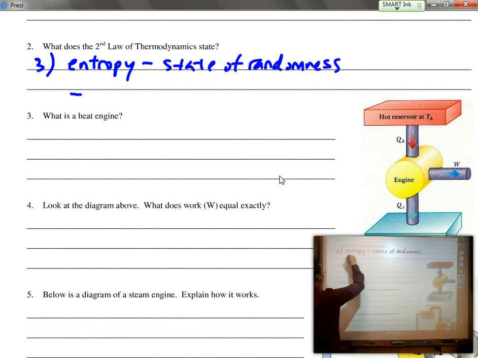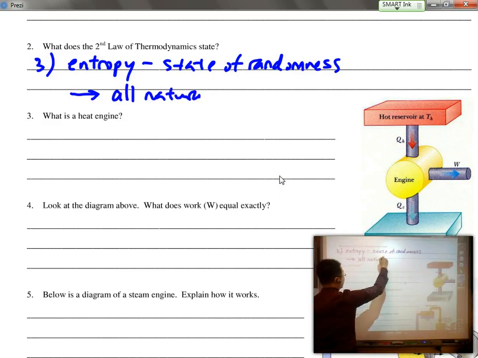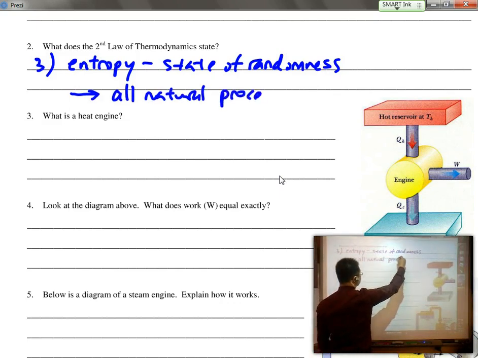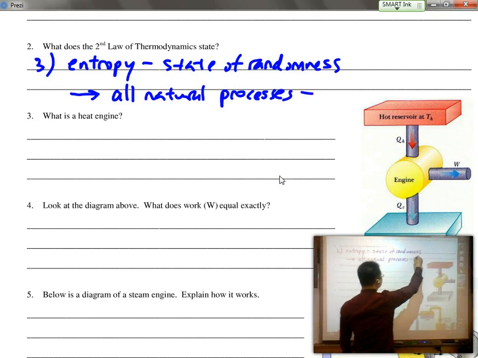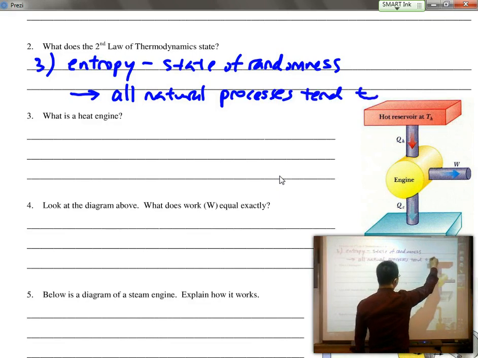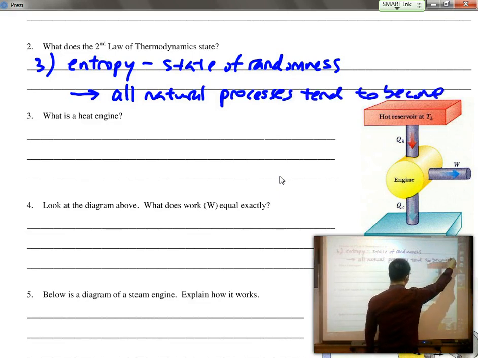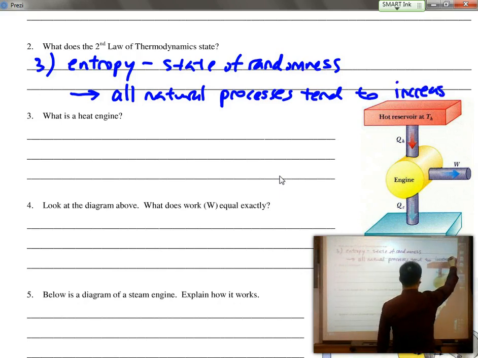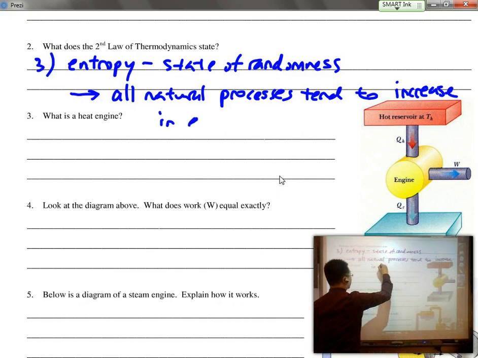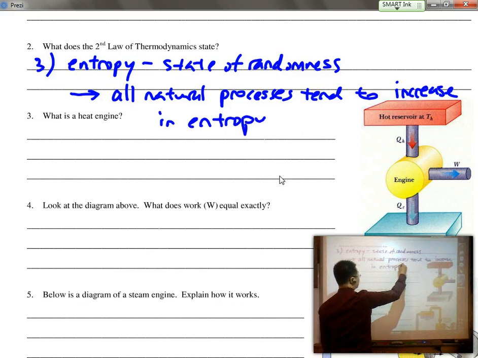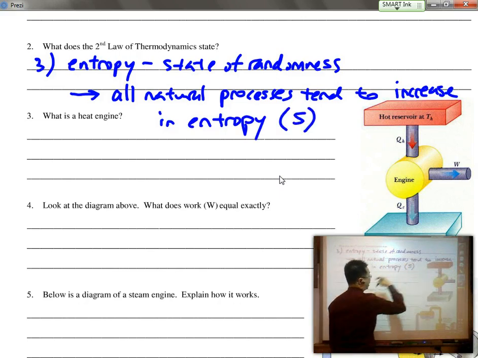And the second law also basically states that all natural processes tend to increase in entropy, which is represented by the letter S.